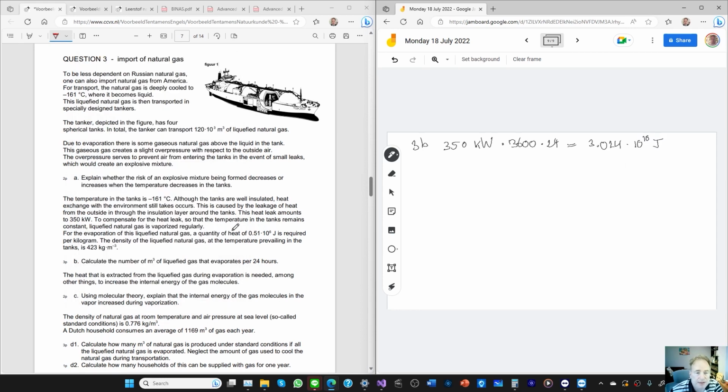Then we can find out how many kilograms are required, because this is the latent evaporation heat per kilogram.